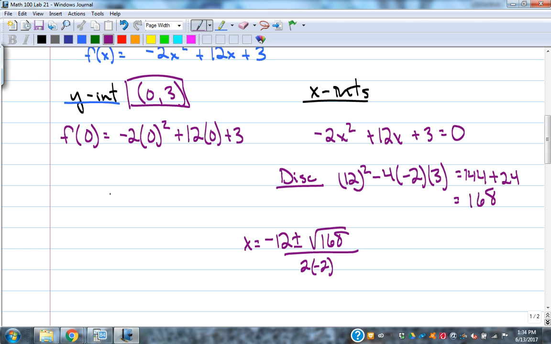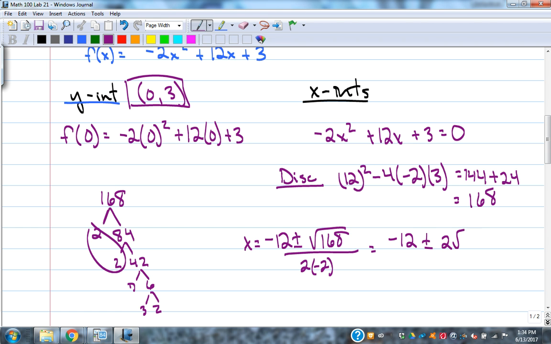I'm going to break down 168. 168 is 2 times 84, 2 times 42, 7 times 6, 3 and 2. So there's a pair of 2's and then 42 left over. So -12 plus or minus 2 radical 42 over -4. We know that these three numbers are all divisible by 2.